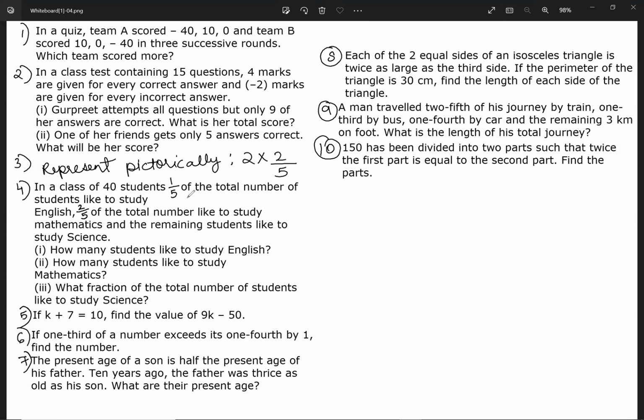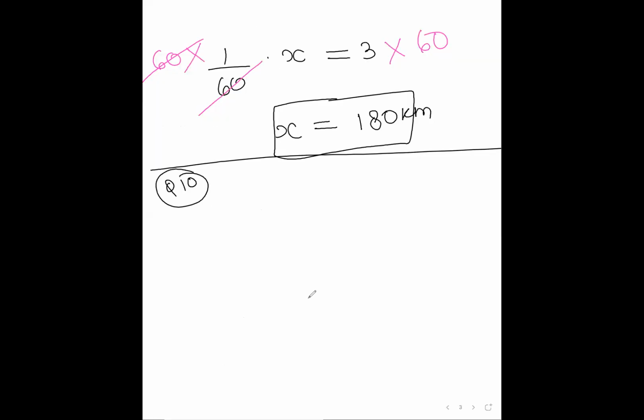Fine. So the question says that 150 has been divided into two parts such that twice the first part is equal to the second part. Let's say that the first part is x.